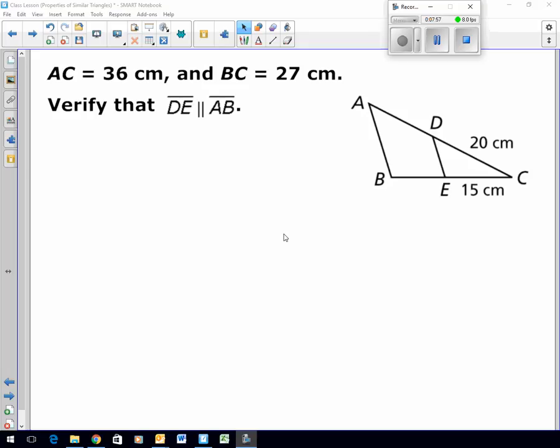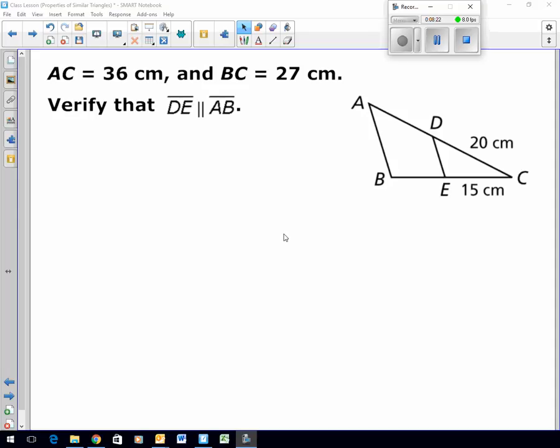State the theorem for me. You wrote it down for a reason. The converse theorem says what? If a line divides two sides of a triangle proportionally, then that line is parallel to the third side.